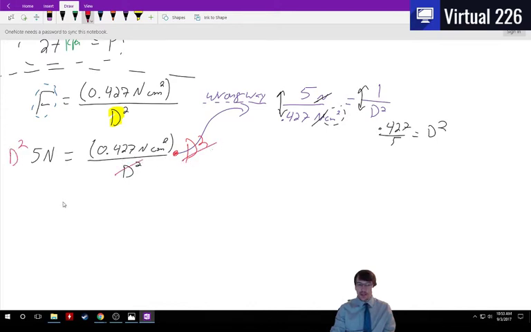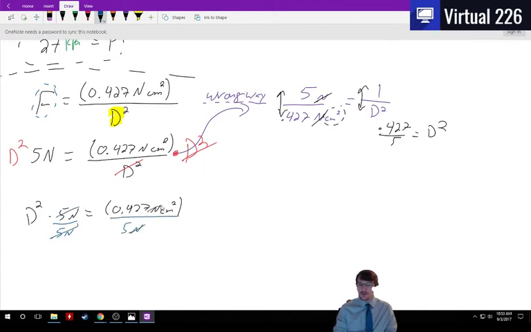Now that I have that, this would read d squared times 5 newtons equals 0.427 newtons centimeters squared. Now I can just divide by the 5 newtons here. When I divide by the 5 newtons, the newtons wipe out, which is good. And I get a very small number here.